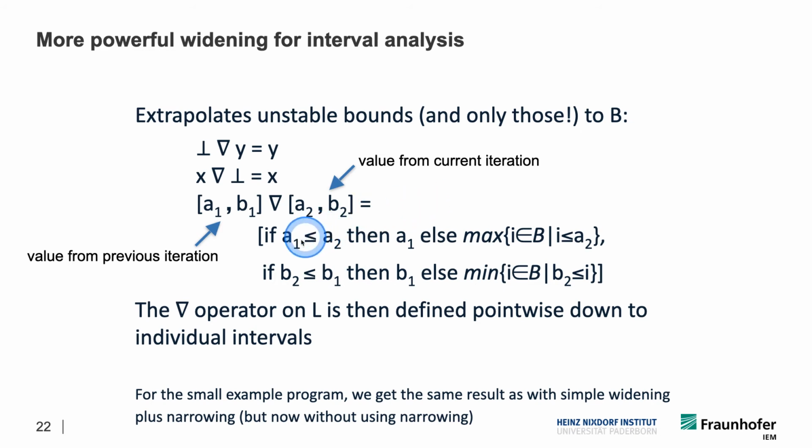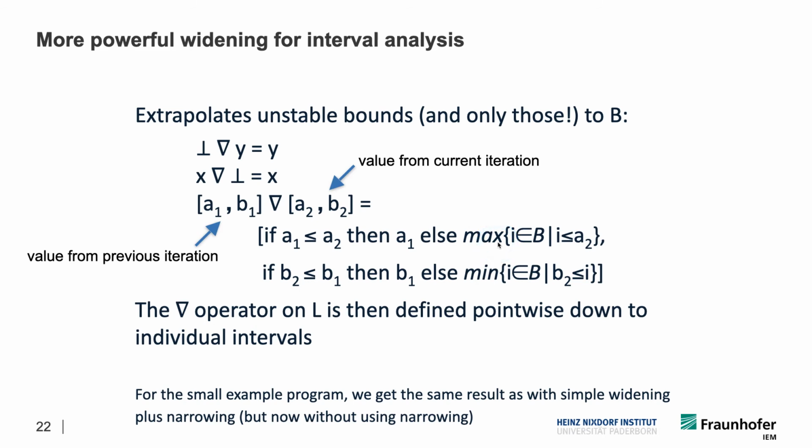So if A1 here from the previous iteration is smaller than A2 there, then we simply take this one. So we take that to be our next left-hand side value. And else, if that's not the case, then we want to widen, okay?